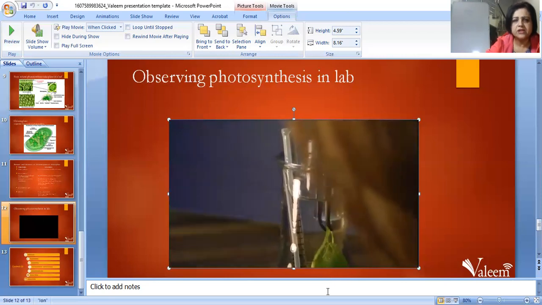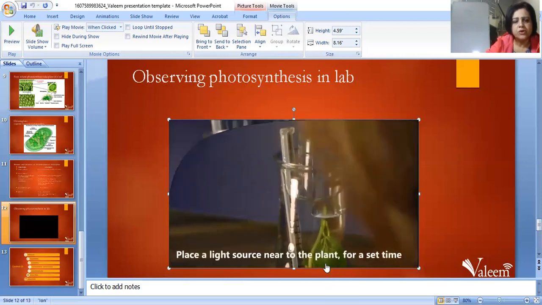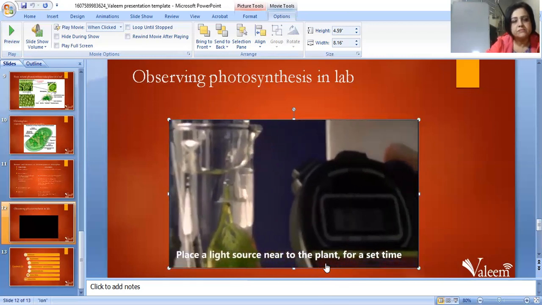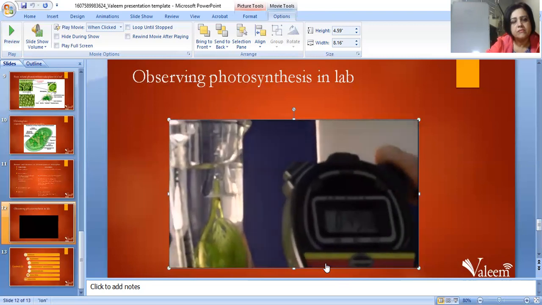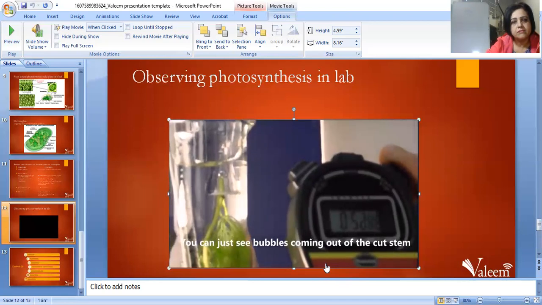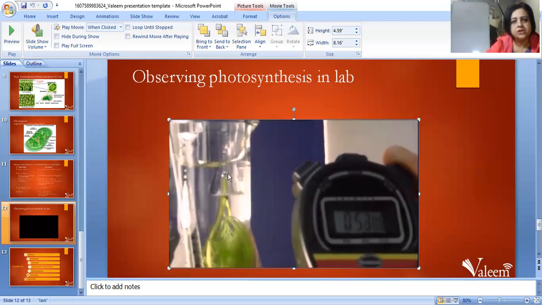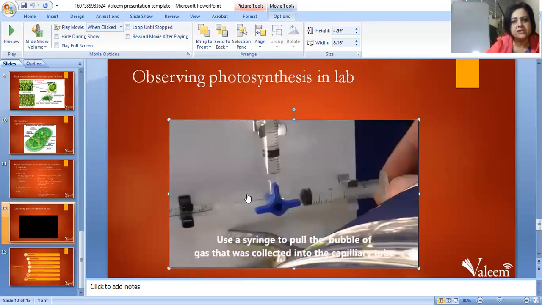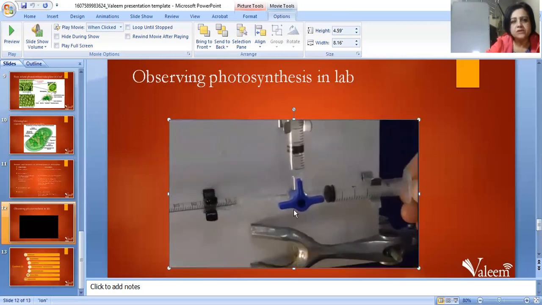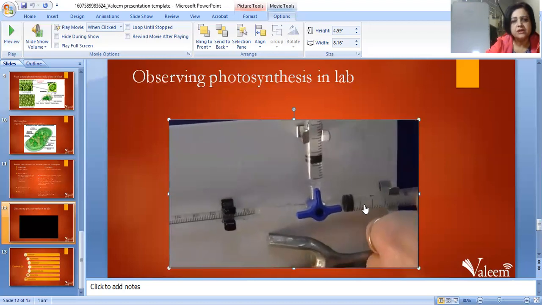Here they are placing the end of the water plant under a funnel. You would be able to see bubbles coming out of the cut stem. And these bubbles will obviously accumulate in the glass syringe.